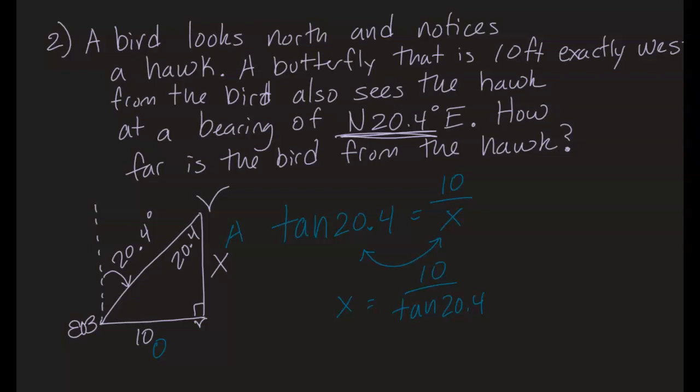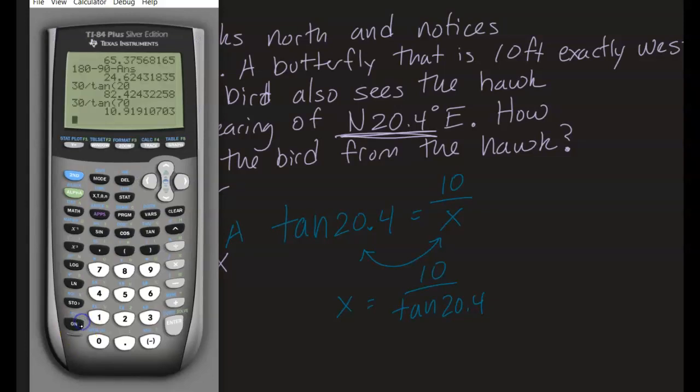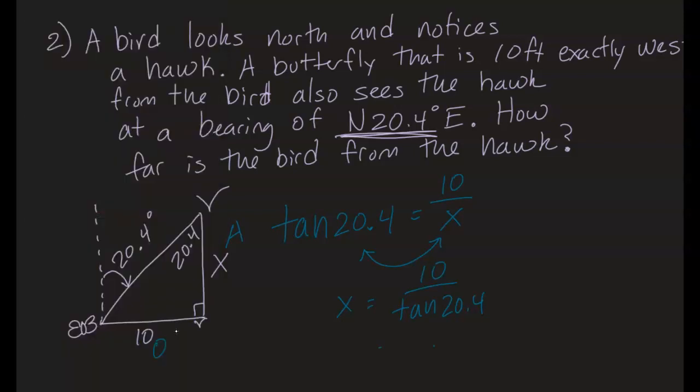And so you get 10 over tan. We are using tan quite a bit, huh? 10 divided by tangent of 20.4 is 26.89 feet.